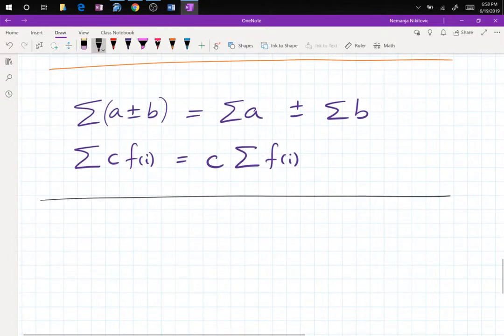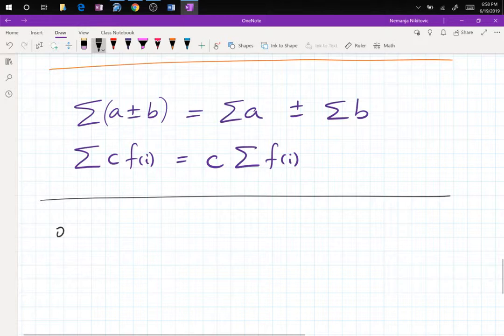And these are really, really cool, because these properties now allow us to write our formulas for left and right sums for approximation of the area under the curve using summation notation rather than writing all of those terms and putting in 3 dots.